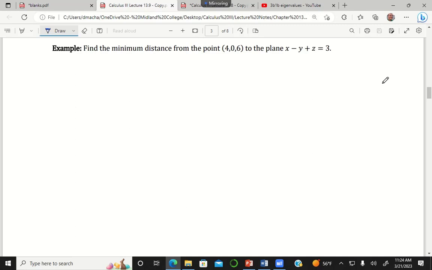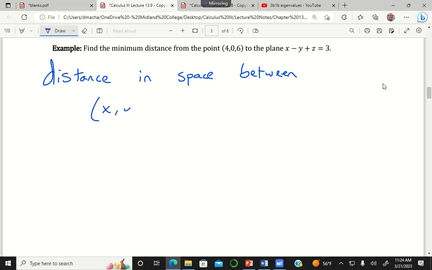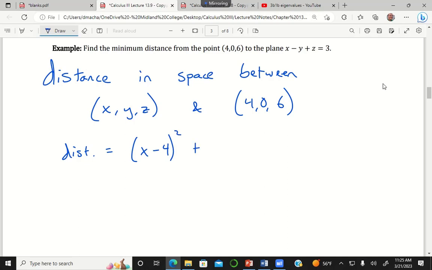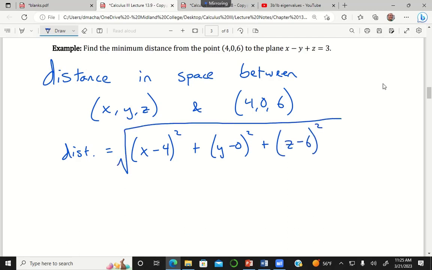So if you wanted to know the distance in space between a point (x, y, z) and the point (4, 0, 6), this distance is going to be given by (x minus 4) squared plus (y minus 0) squared plus (z minus 6) squared, and then you would take the square root.